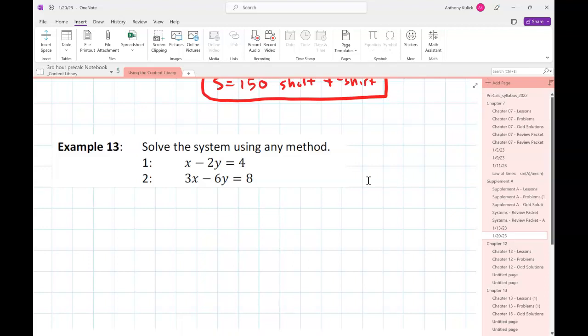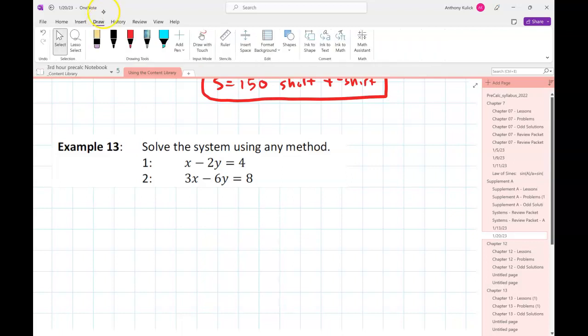This one says solve the system using any method. All these systems could be done either with substitution or elimination. Which one do you feel is most appropriate here? I would say either substitution or elimination is a good choice. Neither is going to prove to be terribly difficult.